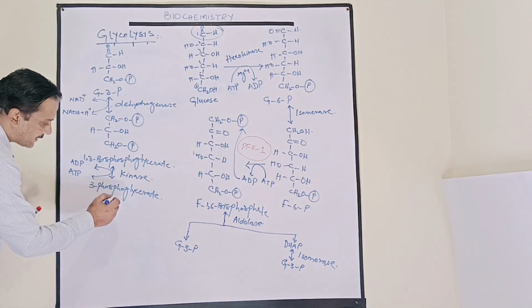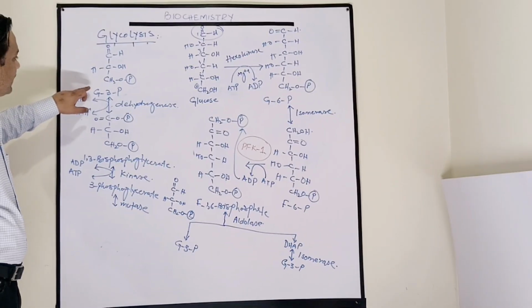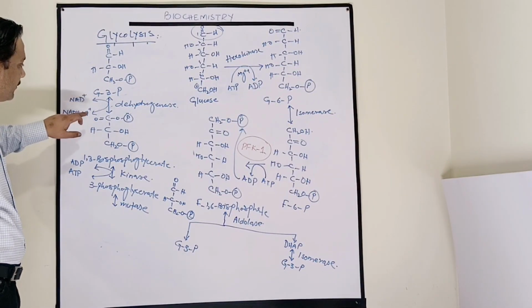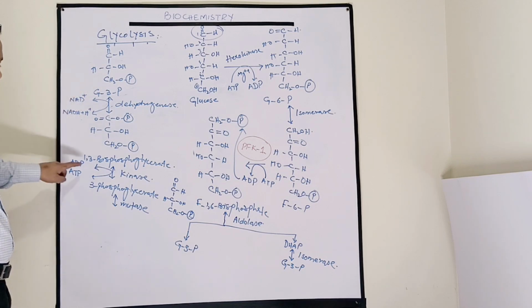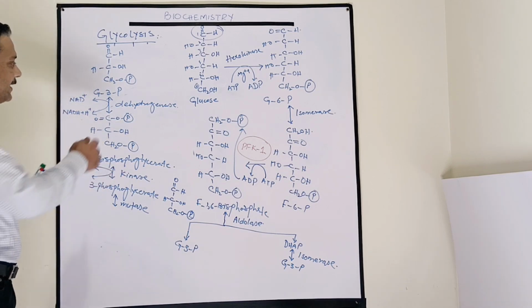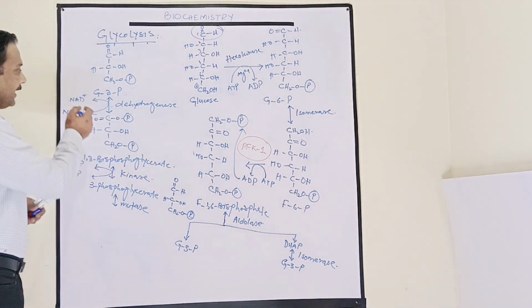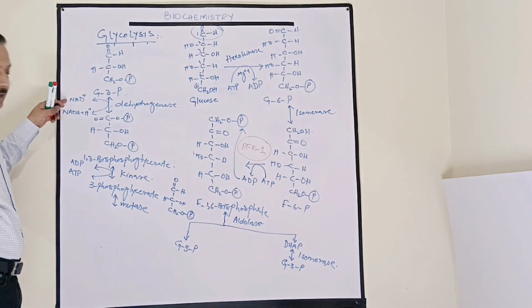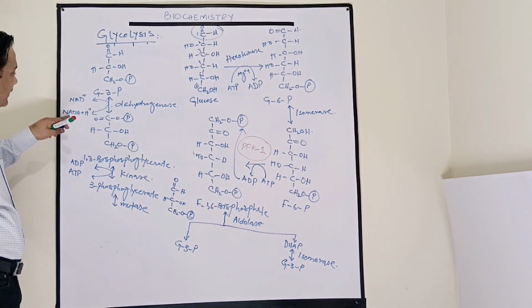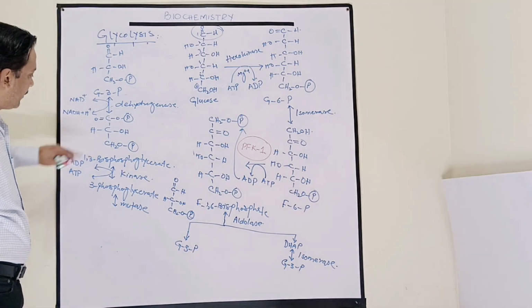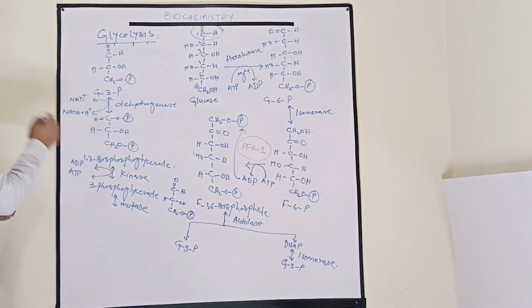In the next step, this glyceraldehyde 3-phosphate is converted into 1,3 bisphosphoglycerate by the action of enzyme dehydrogenase, and in this one molecule of NAD is reduced to NADH plus H plus. This is a molecule of 1,3 bisphosphoglycerate.